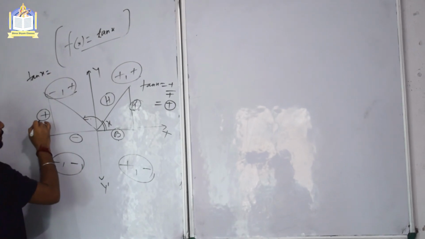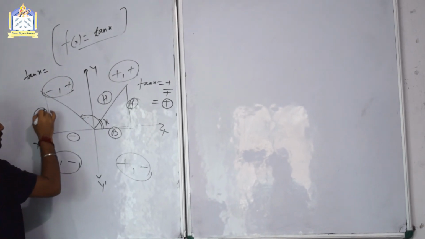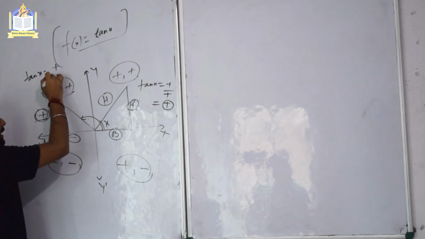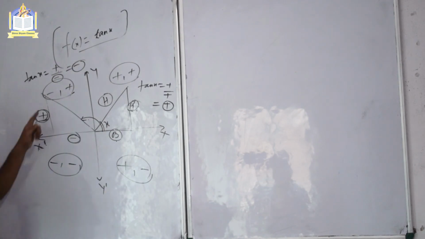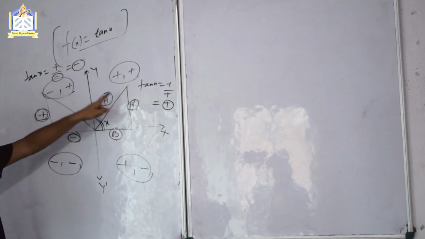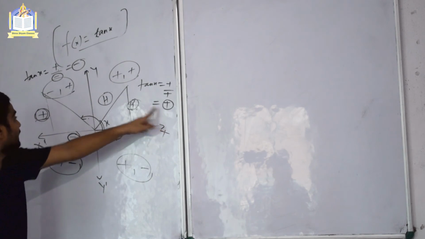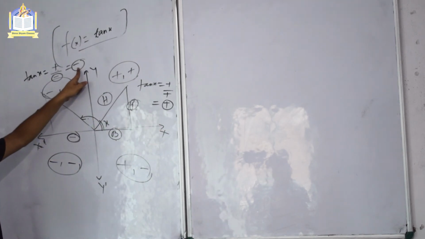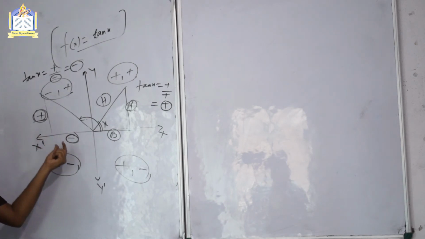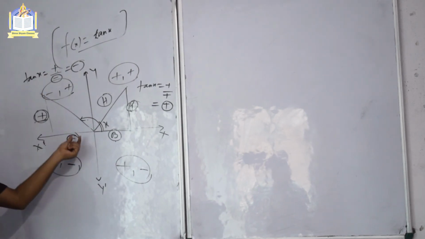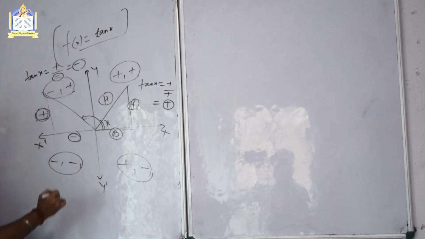Here p is positive and b is negative. Positive by negative gives a negative result. So in the second quadrant tan theta is negative, while in the first quadrant it is positive. Why? Because the base lies on the negative side of the x-axis.